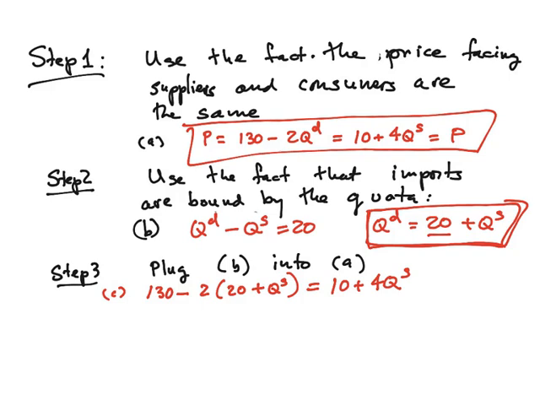Well, we can solve for that. Now, I'm not going to go through the details of this for you, but make sure that you can find that the value of the supply that will create the left-hand and right-hand side of equation C to be equal to each other will be this QS equal to 13.3.